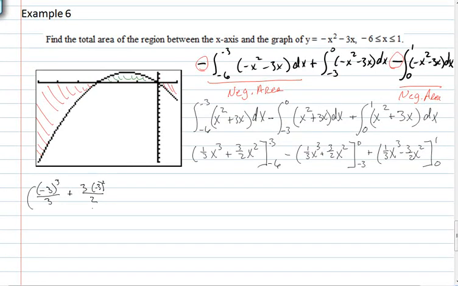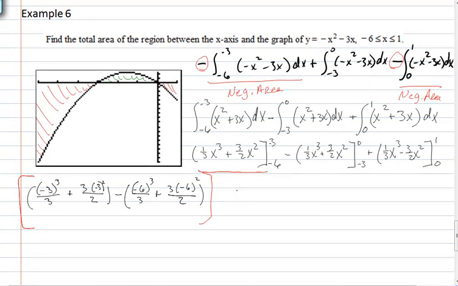I'm just putting my x's up there in the numerator. That's my upper bound minus my lower bound. So this is going to be negative 6 cubed over 3 plus 3 times negative 6 squared over 2. All of this right here is the value of this first integral.